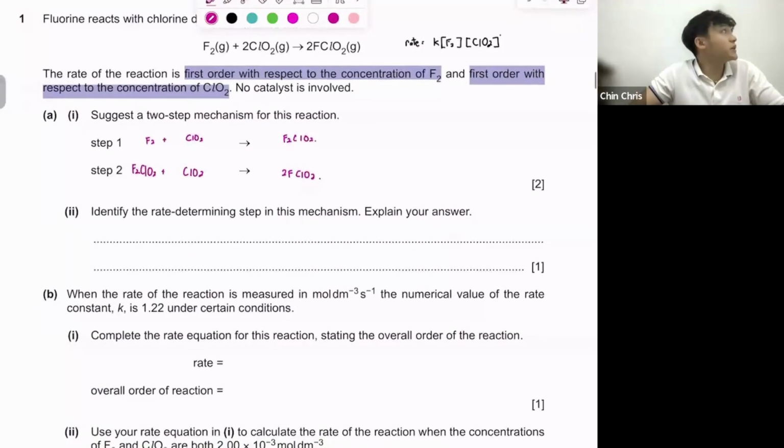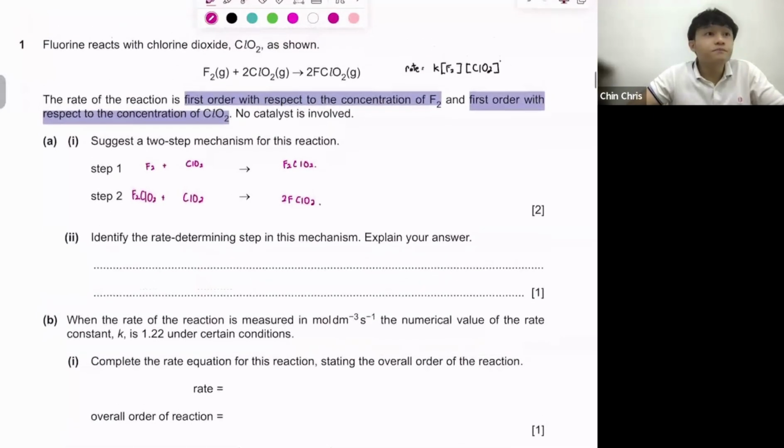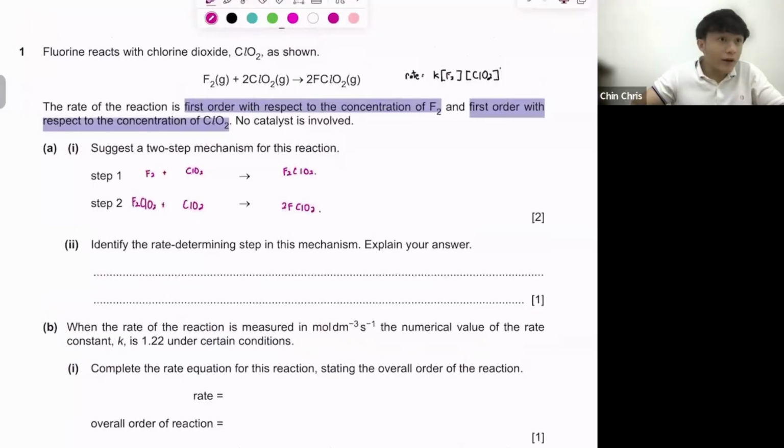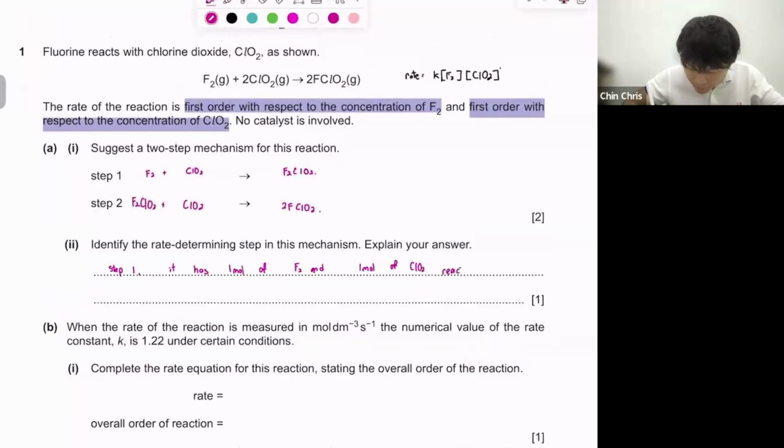Guys, which one is your rate determining step? Explain your answer. Step 1, right? Well done. Why is it so? Because it has one more F2 and ClO2 reacting together.